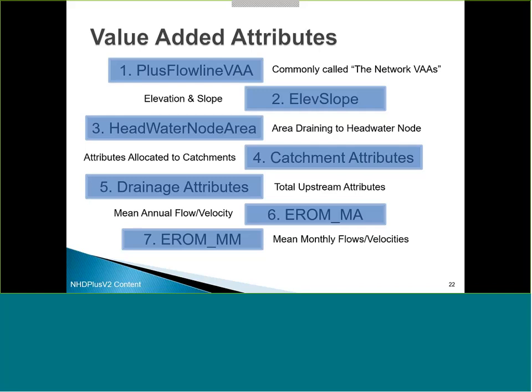We have drainage attributes where we've accumulated all those attributes down the network, so at any point on the network you know not only what is allocated to the catchment there, you also know the entire drainage area. And then finally, obviously, the thing that we were after from the very beginning is stream flow. And we have mean annual stream flow and velocity, and we have the 12 mean monthlies.